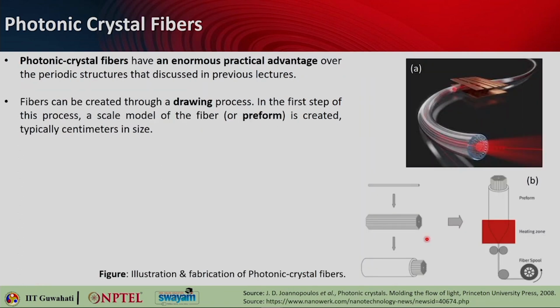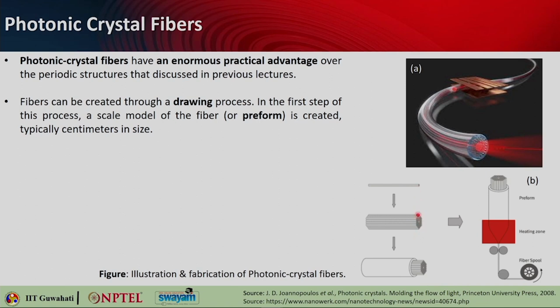So this is how the fibers are drawn. Photonic crystal fibers have enormous practical advantage over the periodic structures that we have discussed. First, these fibers can be created through a drawing process, the fiber drawing method. So what you do in this case, a scale model of the fiber or preform is created, which is typically centimeters in size.